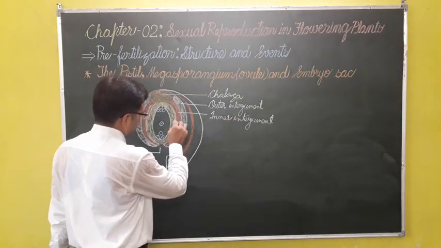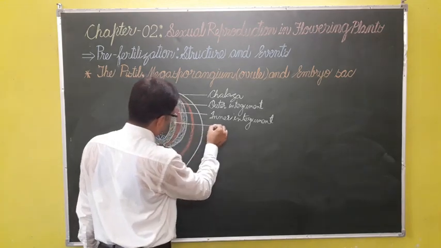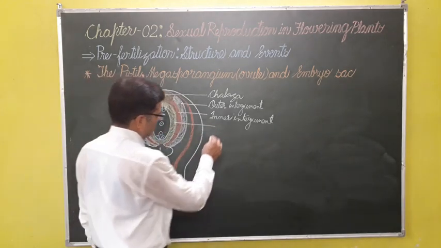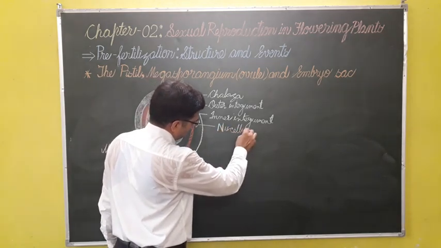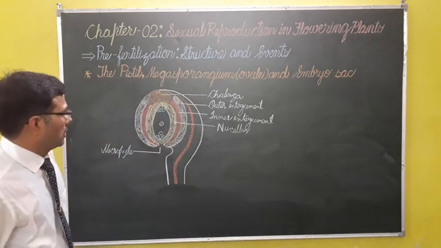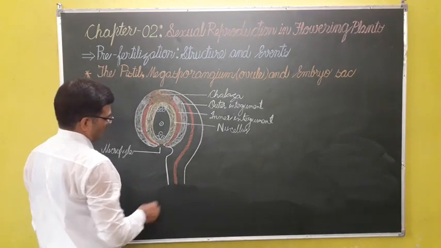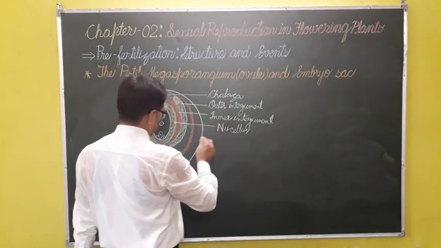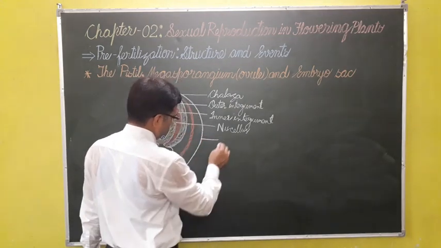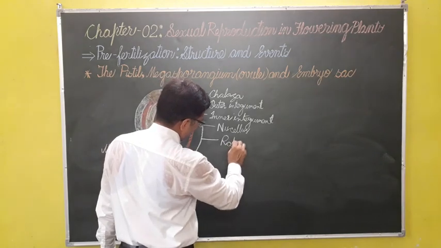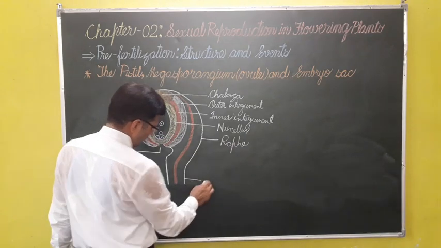Now this tissue which surrounds the female gametophyte is called the nucellus. Right? Now this is the raphe, and this part is called the funicle.